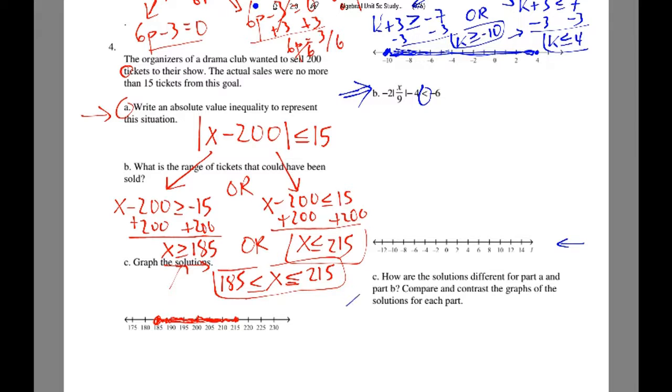I want you to try to reflect on this today. Raise your hand, come see me, and I'll walk around making sure you're okay. So try part B, then try part C, and just let me know if you're thinking right, doing it right, okay?